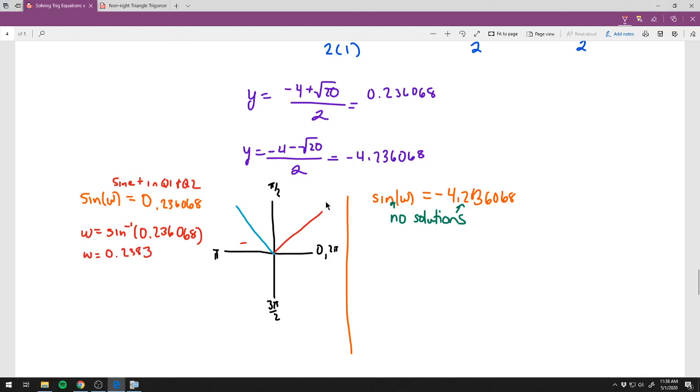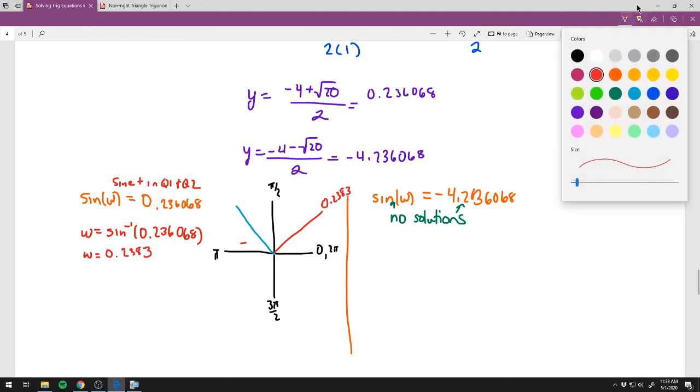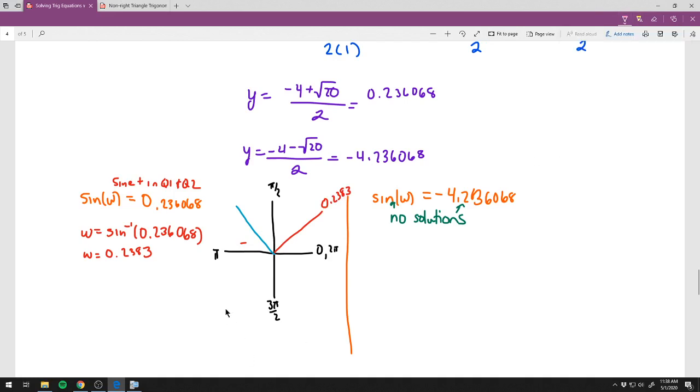And because this is our quadrant 1 angle, it's also our reference angle, because we would compute it by 0.2383 minus 0, which is 0.2383.